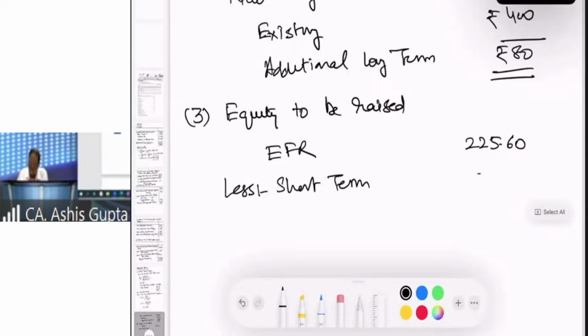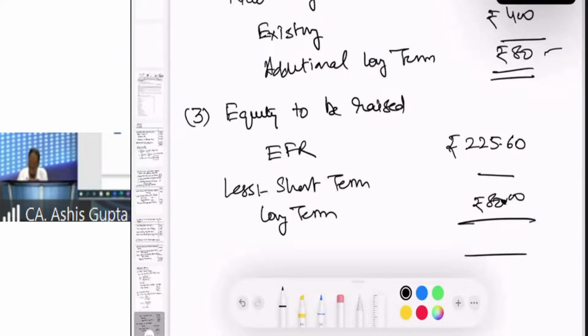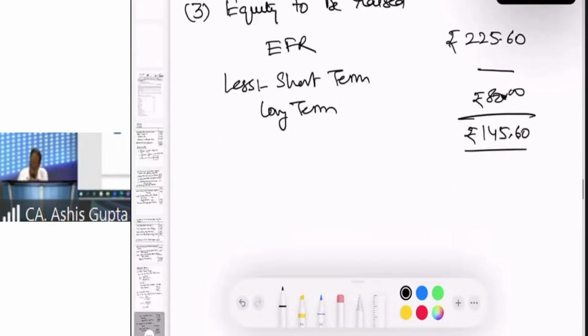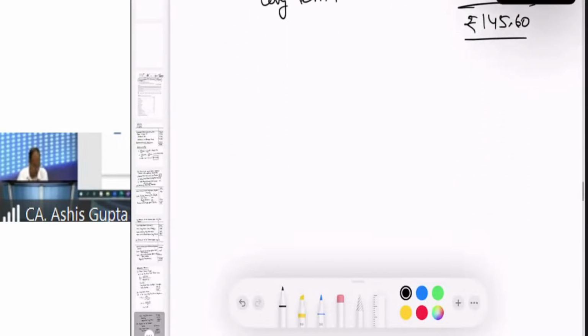Less short term, nil. Long term, 80, because this has been met by this, so balance will be 40 lakh. Now let us see whether our condition is met.